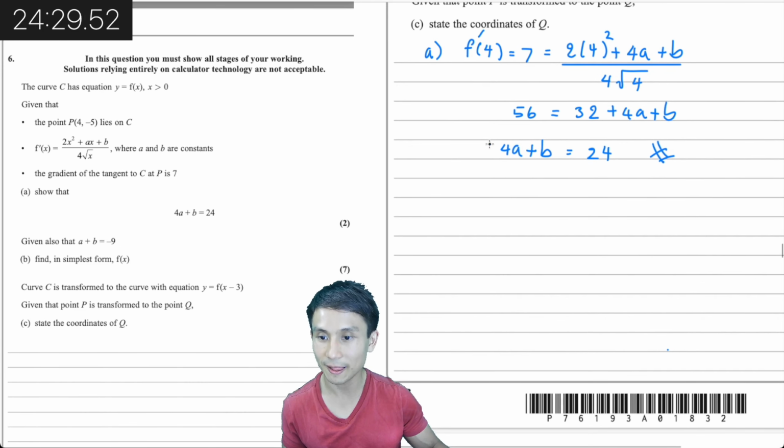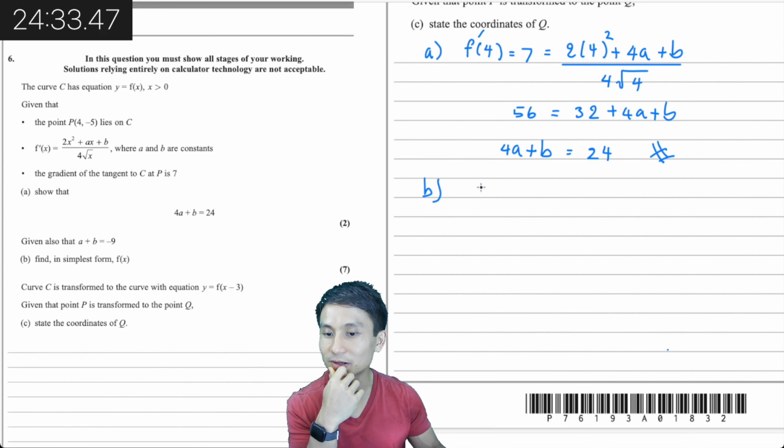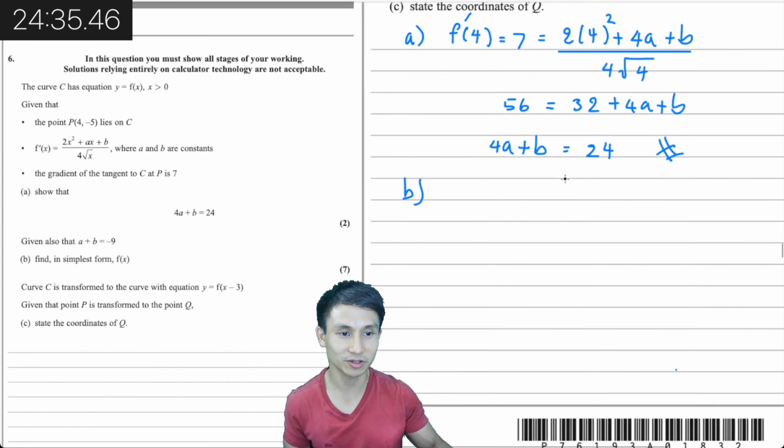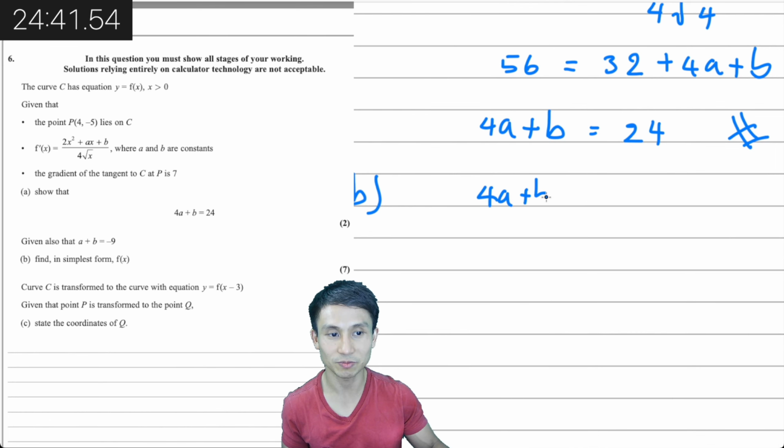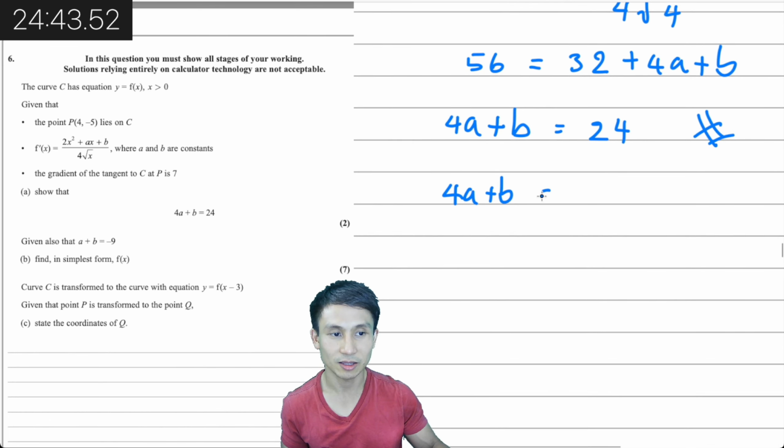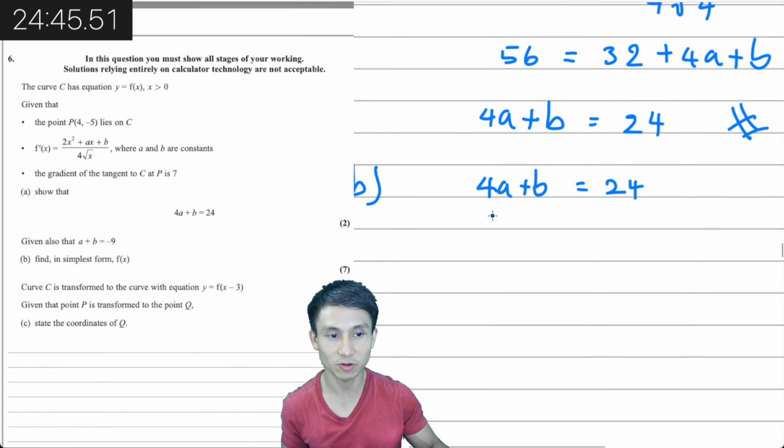That's fine. And then for b, given also that a plus b equals minus 9, we're just going to solve, right? So 4a plus b equals 24. And then you have a plus b equals minus 9. I'm just going to simply subtract them.